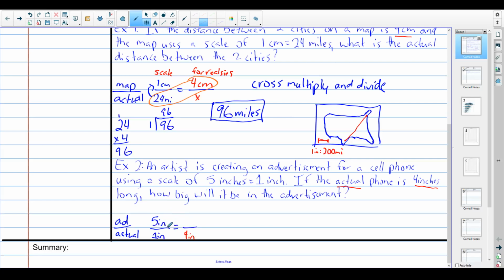So again, you're writing proportions. It's all just, can you put numbers where they're supposed to go, which is why we always make a key. We want to know what that will be in the advertisement, so we're looking for this number up top. Again, we cross multiply.